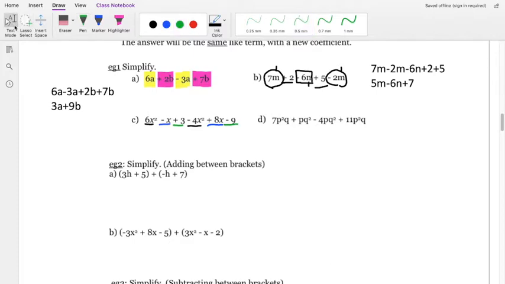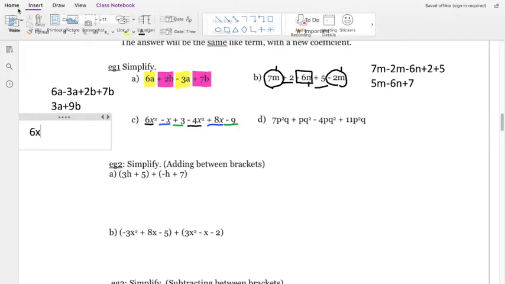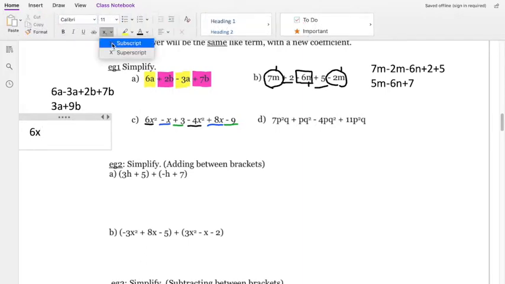So then we can write it out again, being 6x squared. I hate doing squares in this thing. 6x squared minus 4x squared minus x plus 8x plus 3 minus 9. Okay.